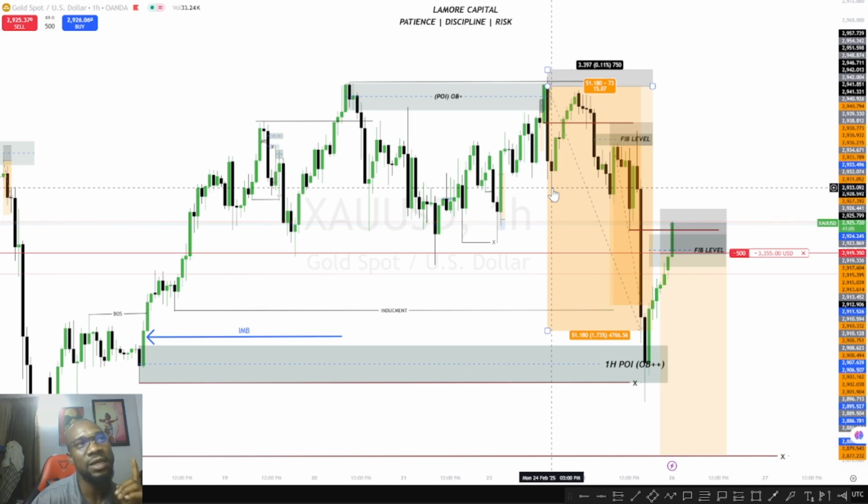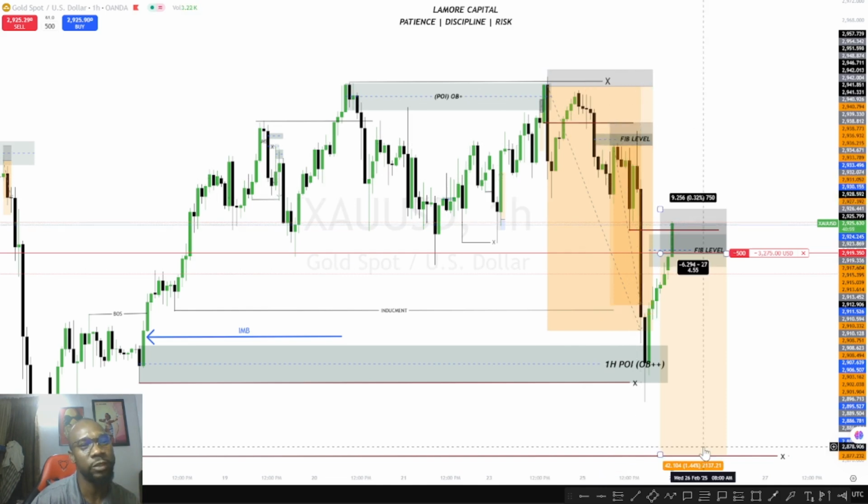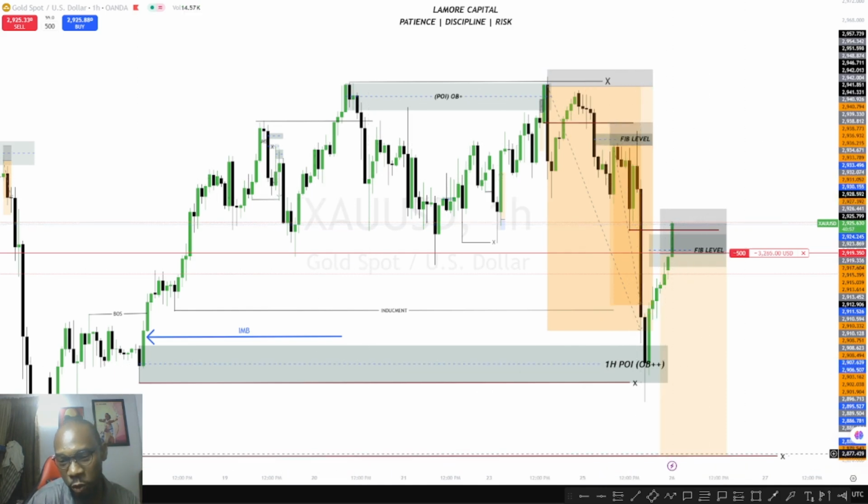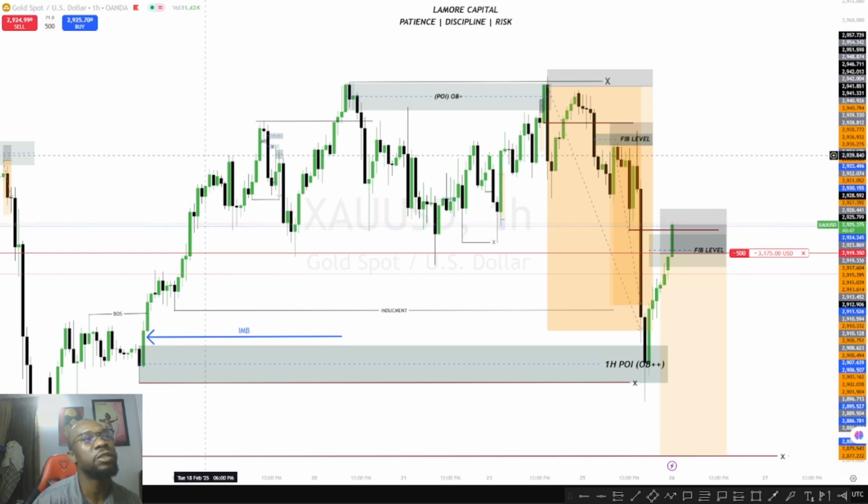I entered this trade from Monday and I rallied it till Tuesday, 24th of February. I rallied it from Monday the 24th to Tuesday the 25th, February 2025.